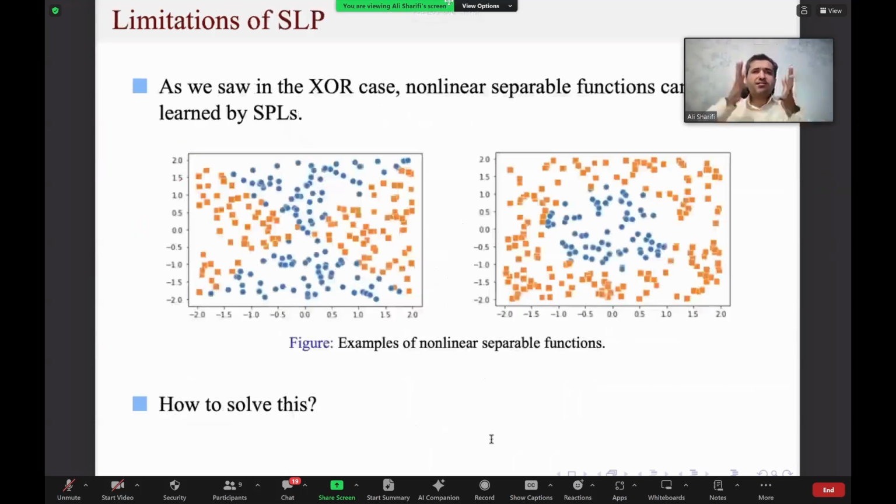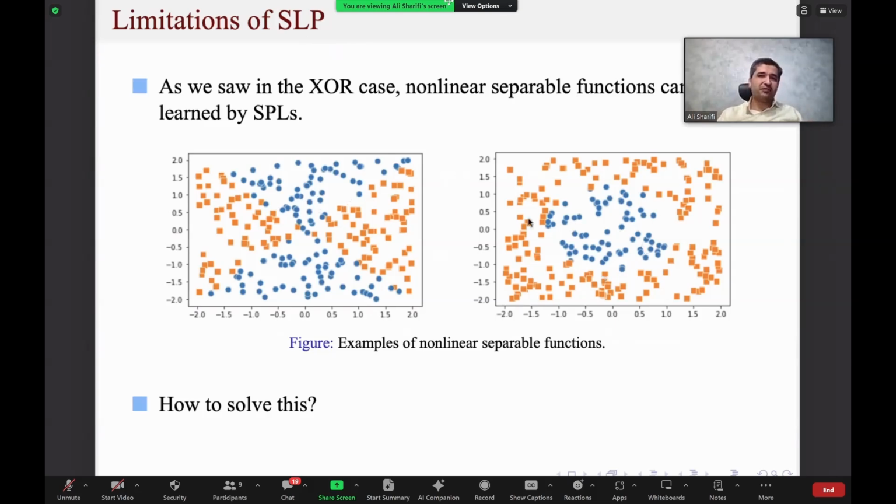Whenever we have a single layer perceptron, meaning we have these inputs and only one layer of neurons deciding the outputs based on these inputs, we can only solve very simple problems.